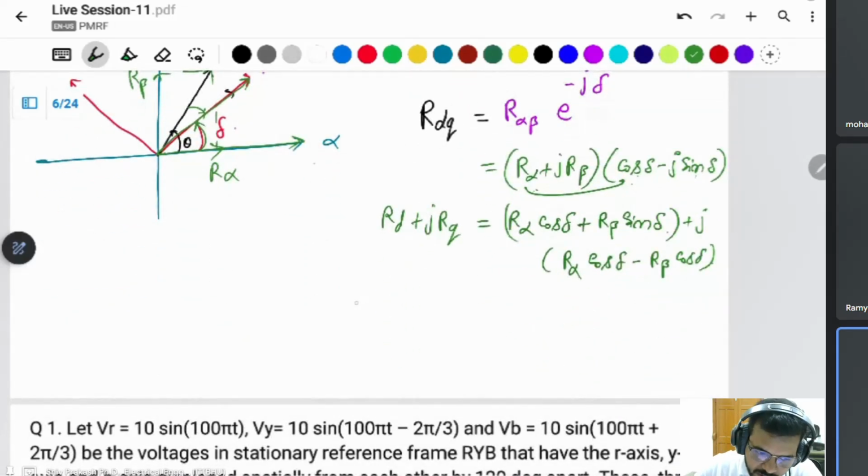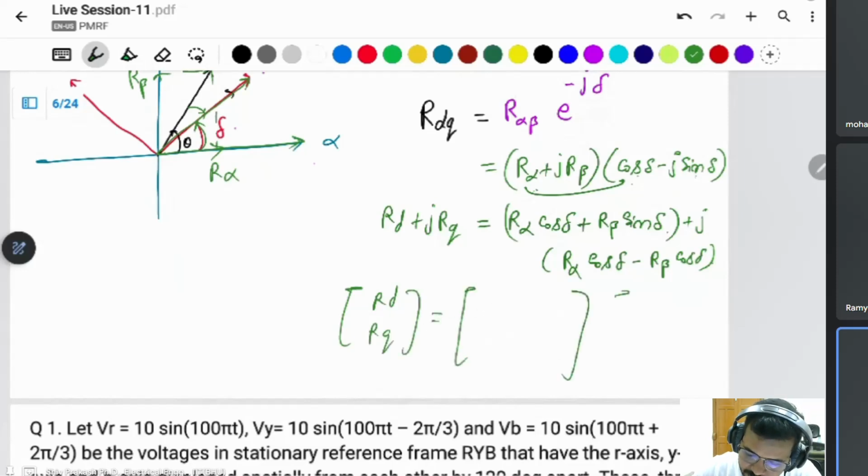If you want to convert it into the matrix, then RD, RQ. First write here R alpha, R beta, then multiplication of R alpha in DQ. This is the RD, you can say. This is the RQ.